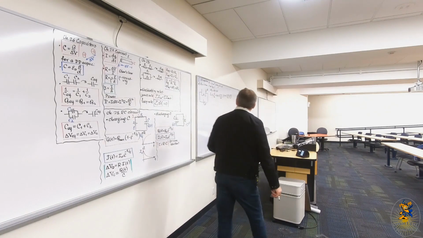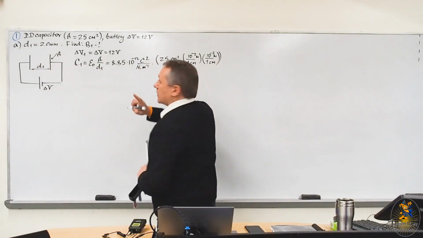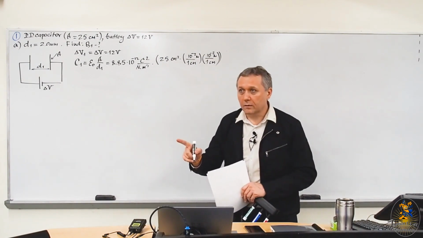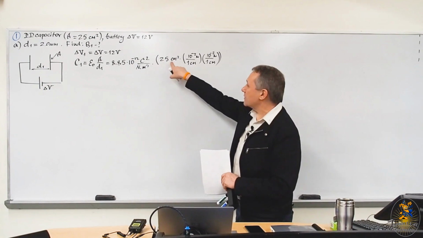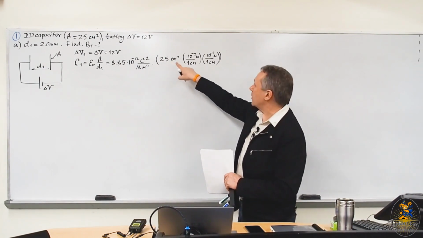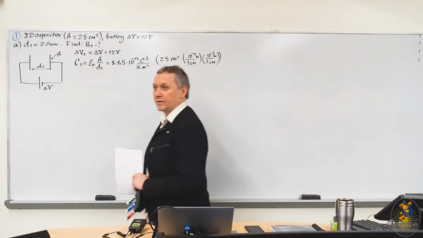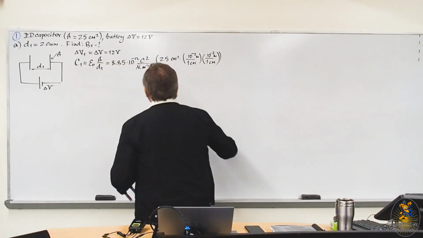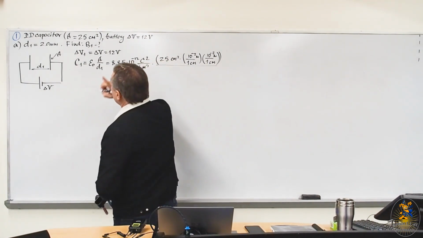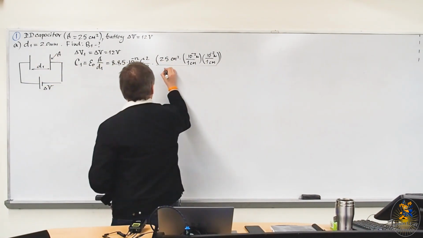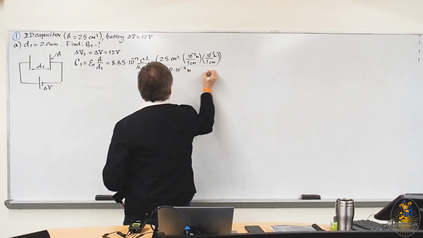Don't square 25, we're just converting units. So I get rid of 1 centimeter, and then the 2nd centimeter. Downstairs we have D1. It's in millimeters, so it's 2 times 10 to the power of minus 3 meters.